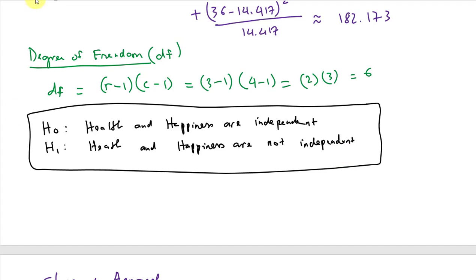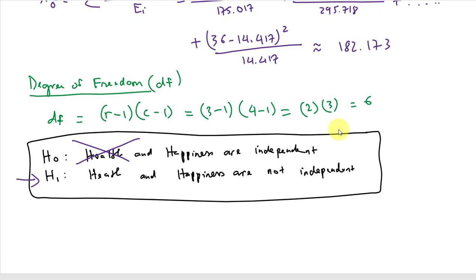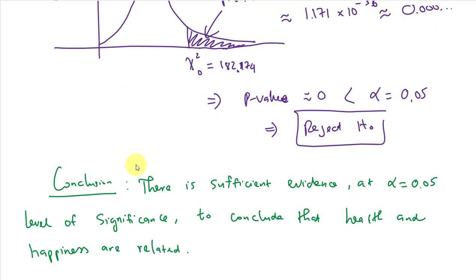And because we reject the null hypothesis, that means we have sufficient evidence to say that the health and the happiness are not independent, or they are dependent. So there is sufficient evidence at the alpha equals 0.05 level of significance to conclude that health and happiness are related. And this is the conclusion for our problem.